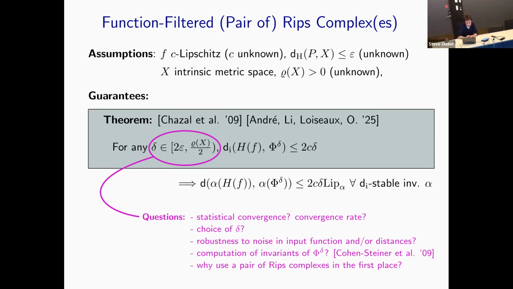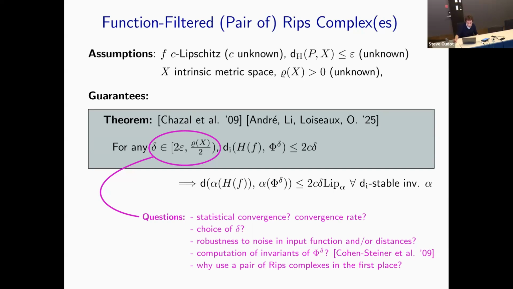Likewise for the pairwise distances, because we need geodesic distances. We're treating the domain as an intrinsic space. These are not that complicated to estimate, but we don't have exact values. So there's a variant of the result in the paper that deals with these noisy versions of the function or the pairwise distances.